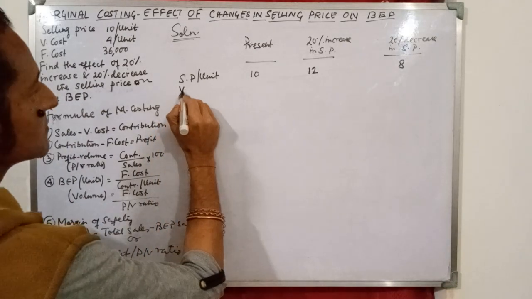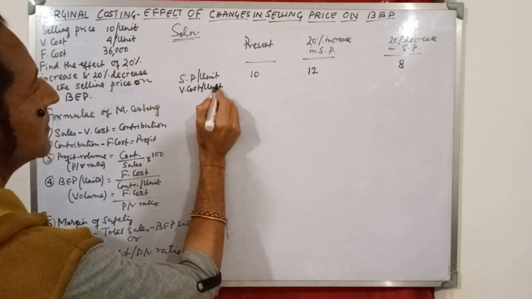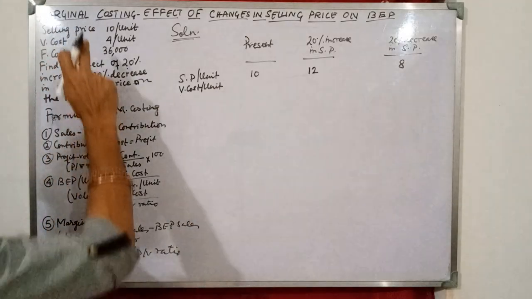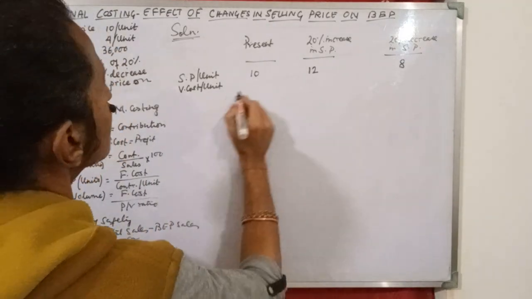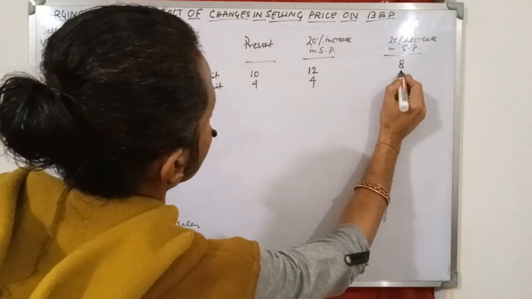Variable cost per unit is not changing. It remains 4 per unit for all the 3 price levels. So it is 4 here, 4 here, and 4 here.